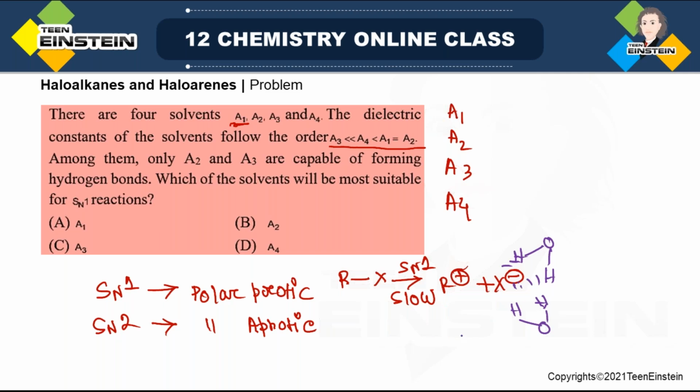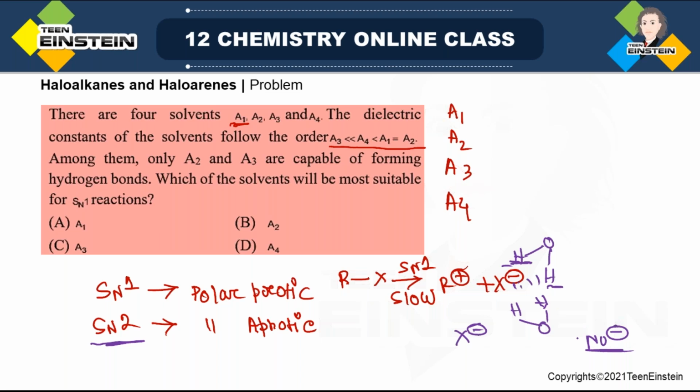But suppose the same type of solvent, polar protic, is used for SN2. In this case, not only X minus but the nucleophile will also be highly stabilized by the positive part of the solvent.